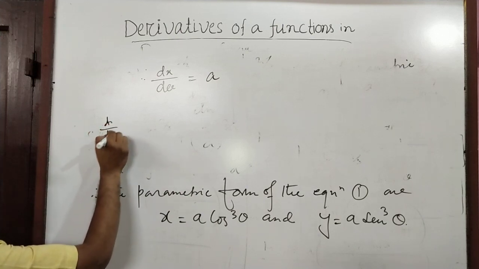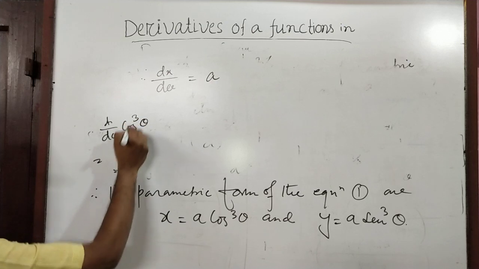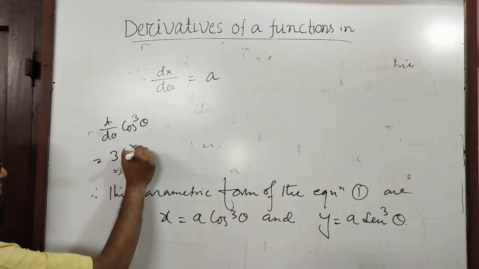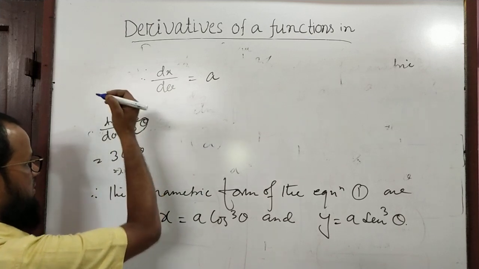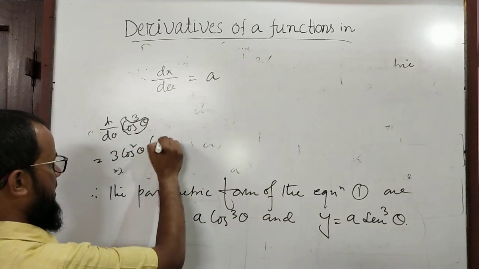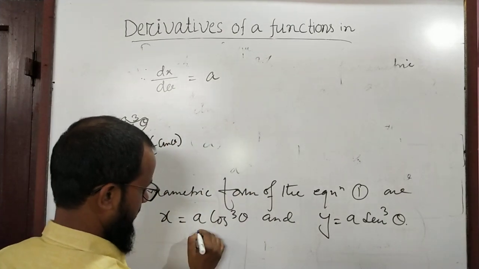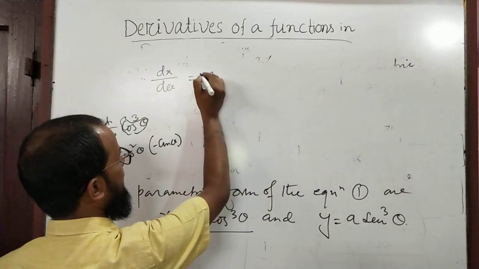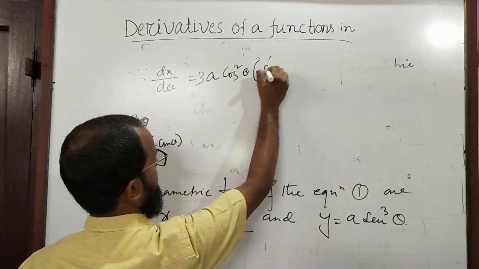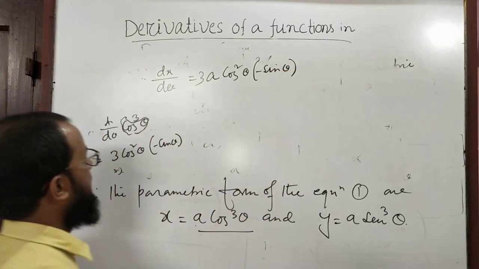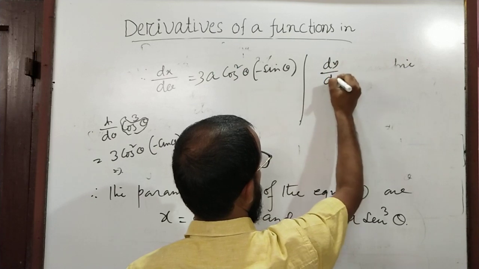Since cube is the power, it will be 3 cos square theta, and then again the derivative of cos theta, which is minus sin theta. So a stays outside, and it is 3a cos square theta into minus sin theta.